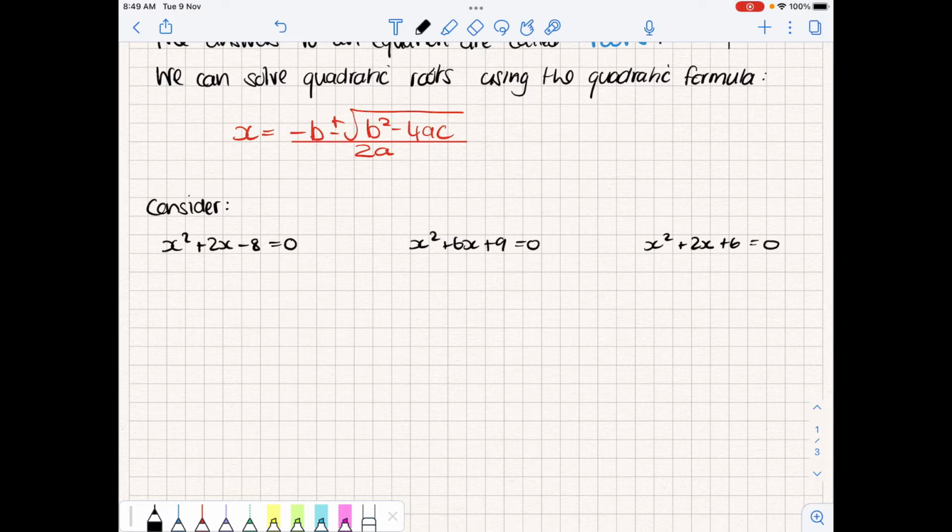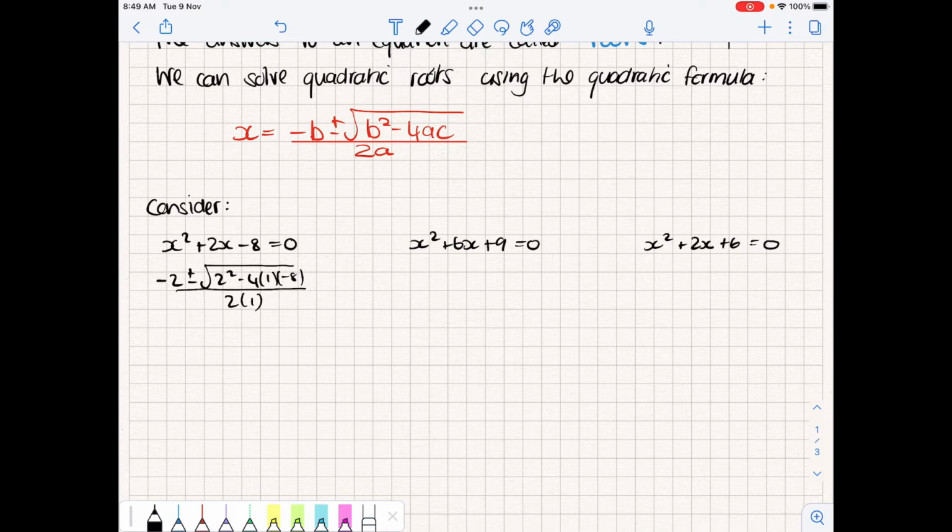Using the quadratic formula on the first one, we have minus 2, which is b, plus or minus the square root of b squared, which is 2 squared, minus 4 times a, which is 1, times c, which is negative 8, all divided by 2 times 1.